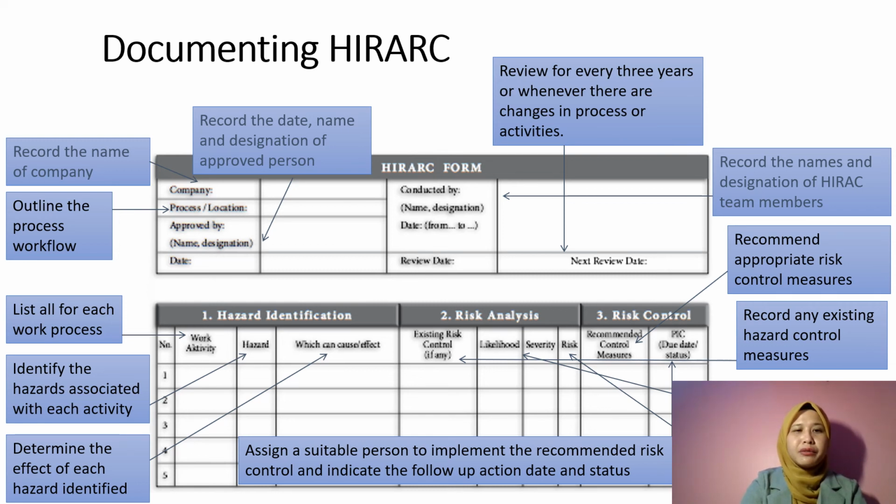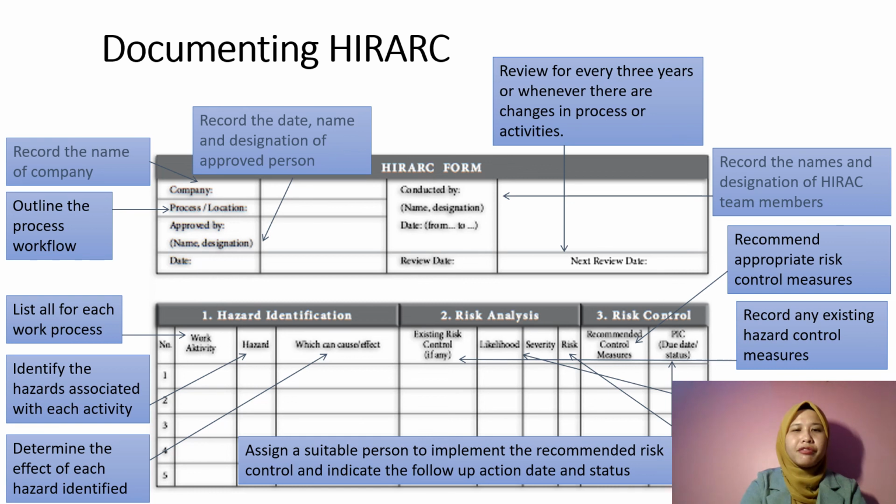By using the risk matrix, assign a risk and record it in the risk column. Based on the risk assigned, recommend appropriate risk control measures. Assign a suitable person to implement the recommended risk control and indicate the follow-up action date and status.